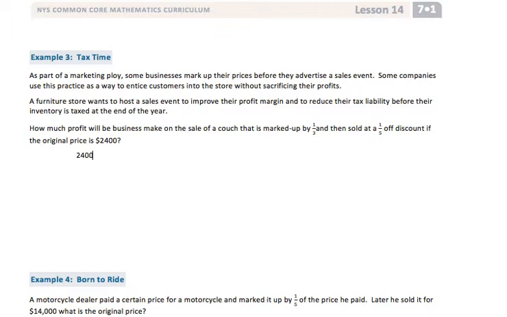What we want to do is take the 2,400 and multiply it first by the markup. That would give us 2,400 over 3, which simplifies to $800. That is the markup. So what they did was they took the $2,400 and added $800 to it, making that price $3,200.